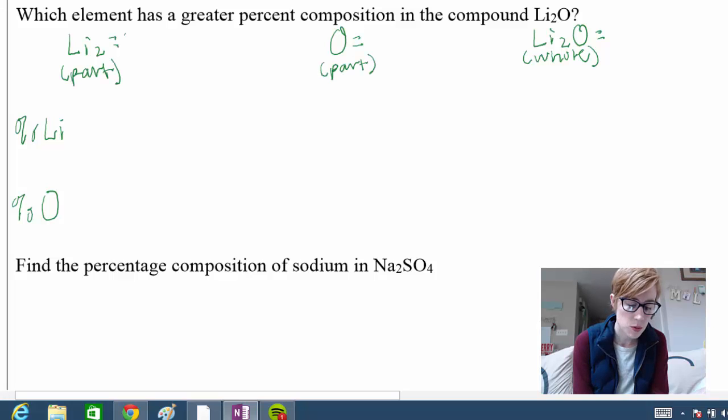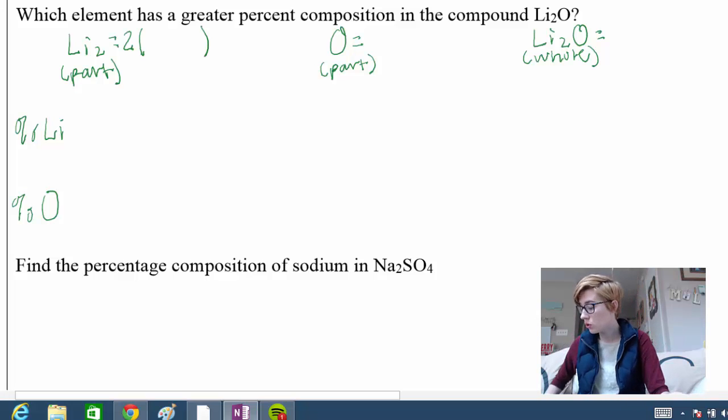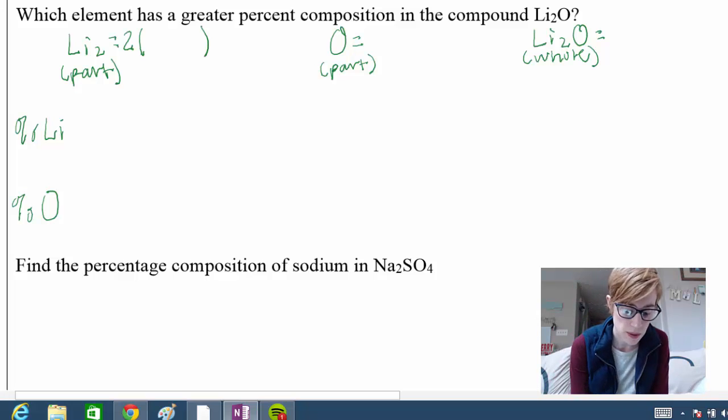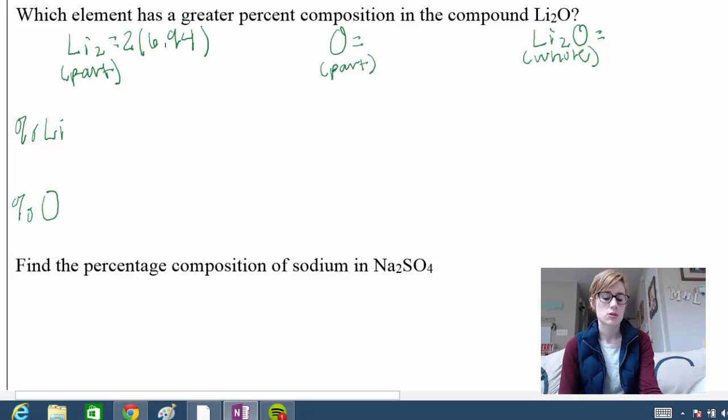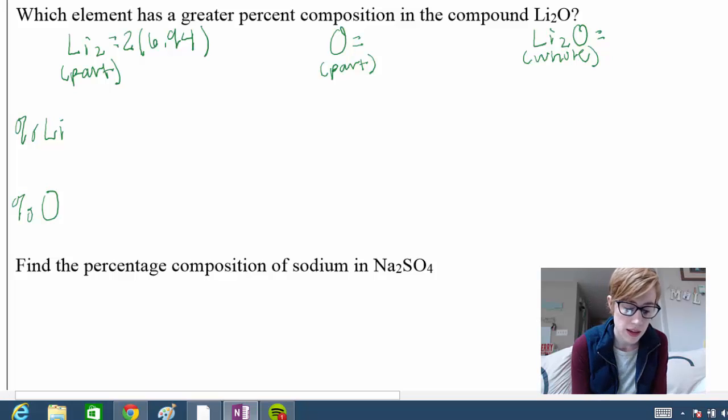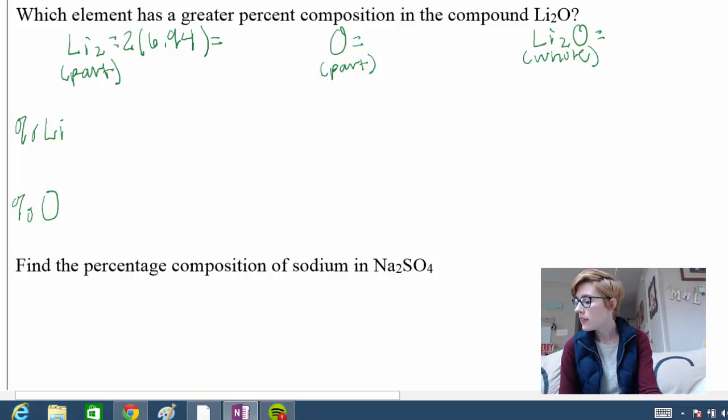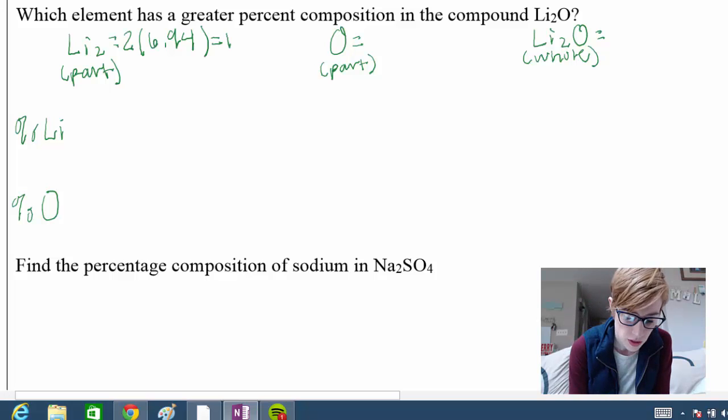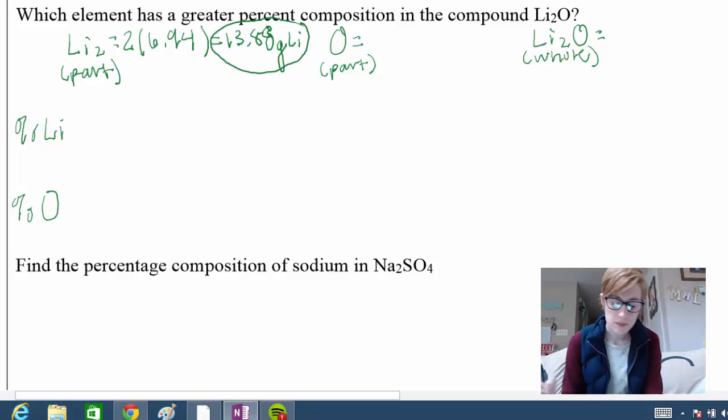Now lithium, remember, you have to multiply whatever lithium's molar mass is by 2 in order to get the molar mass. So lithium on the periodic table has a molar mass of 6.94. So when I multiply that by 2, I know that the molar mass of the part of lithium weighs 13.88 grams. Okay.